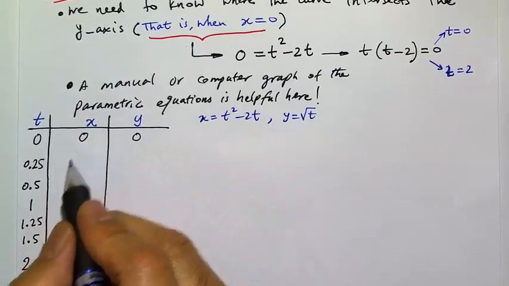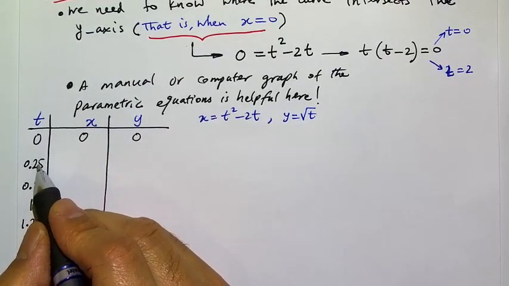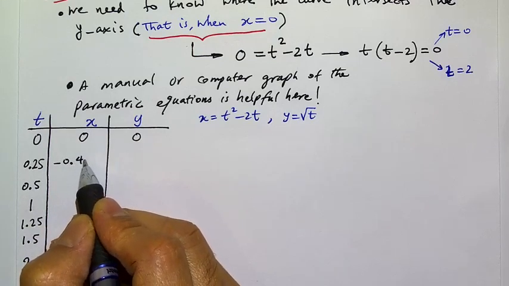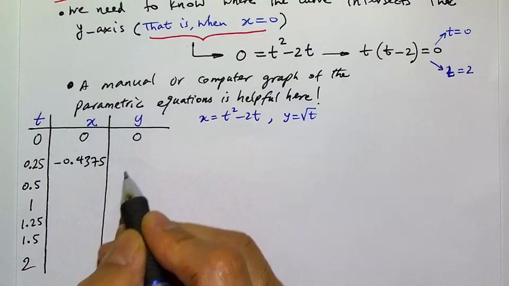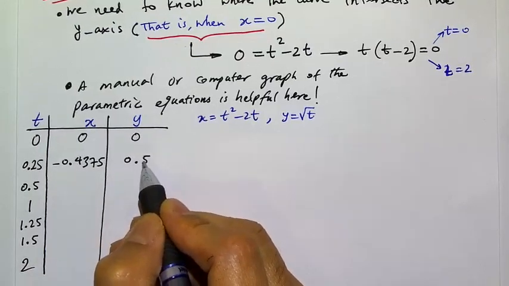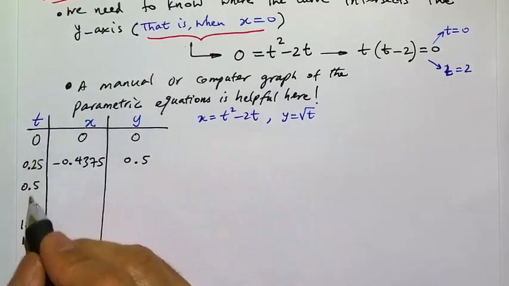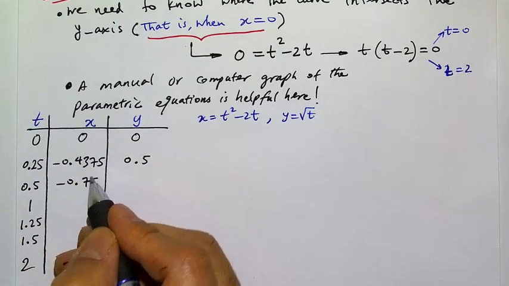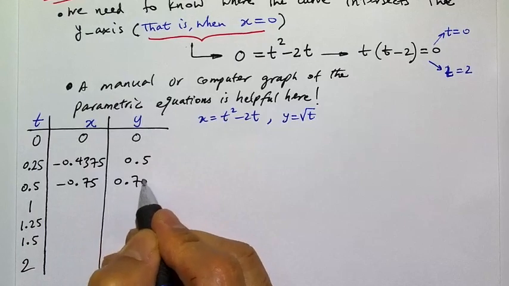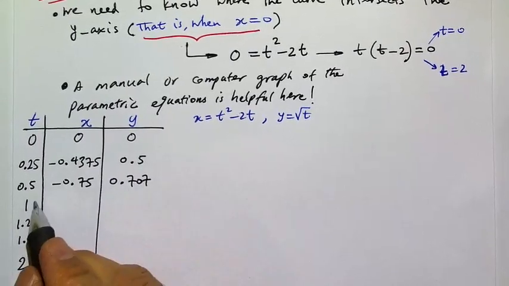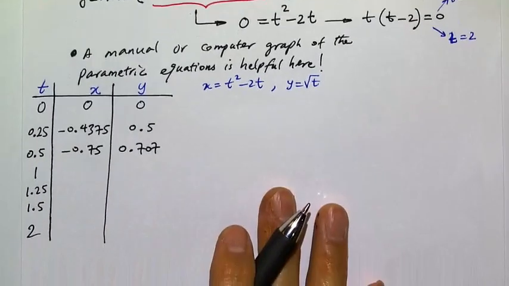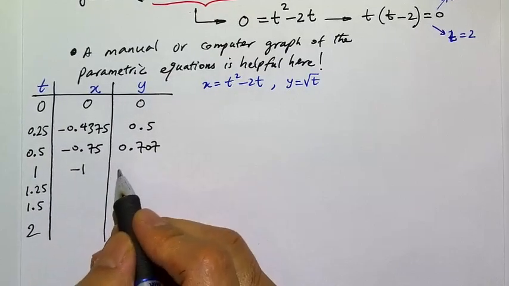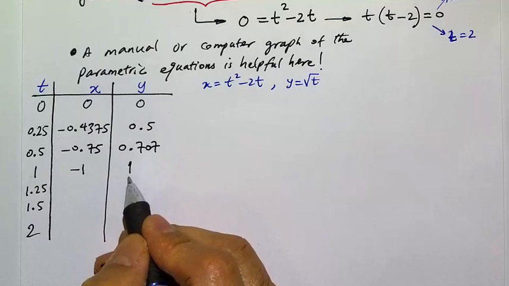For t equals 0.25, I got x equals minus 0.4375, and y equals 0.25. When t equals 0.5, we have x equals minus 0.75, and y is 0.5. When t equals 1, we have x equaling minus 1, and y equaling 1.